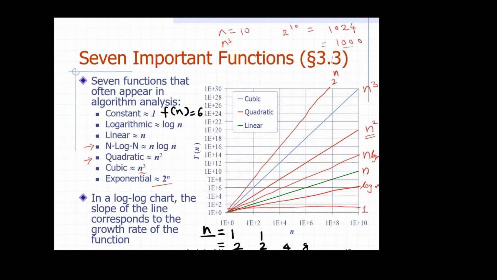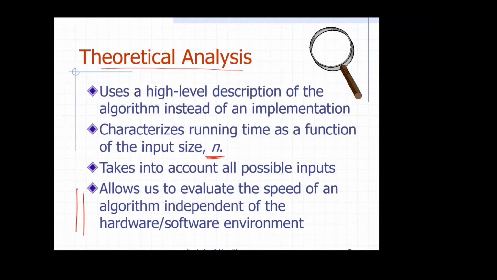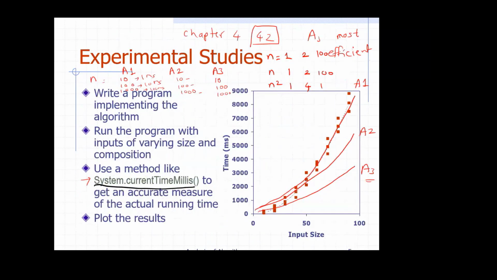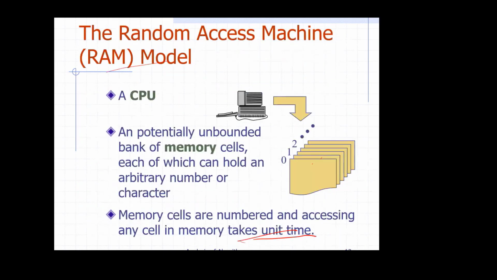Then similarly, we discussed some algorithms. If you remember the comparison of A1, A2, A3, we discussed last time. So if we actually plotted the graph, I believe A2 or A1 was in linear time, where as much as my input size increases, my time is also increasing in a similar fashion. So here, these 7 are the most important functions.